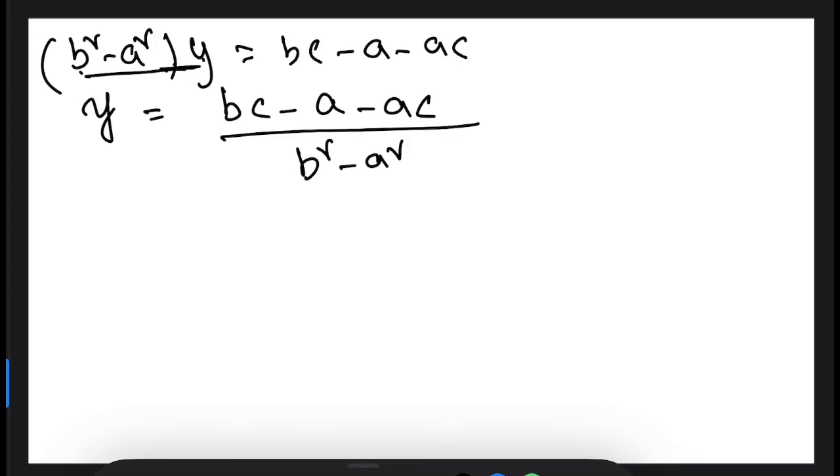In your NCERT book it is different, because to make a square positive, this has been multiplied with minus. If you multiply both by minus, minus into plus is minus, minus into minus is plus, so a plus bc, then minus bc. That we shall do later on.